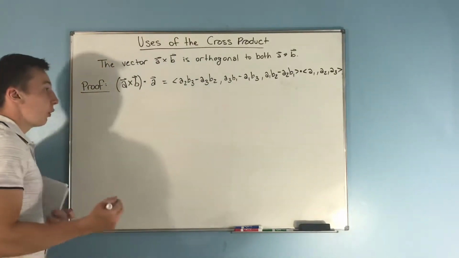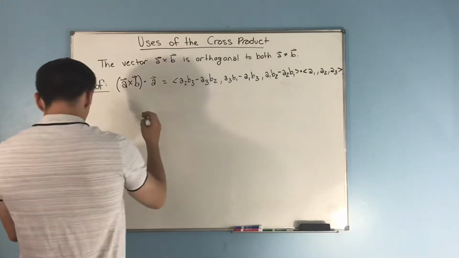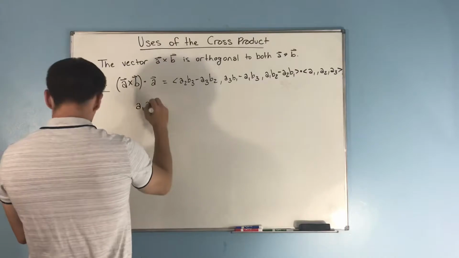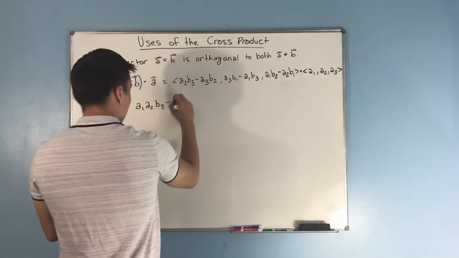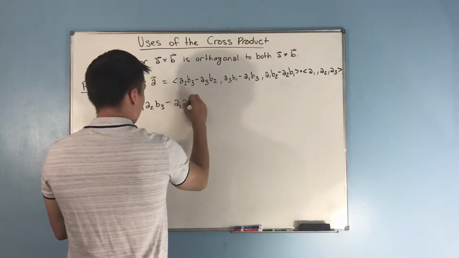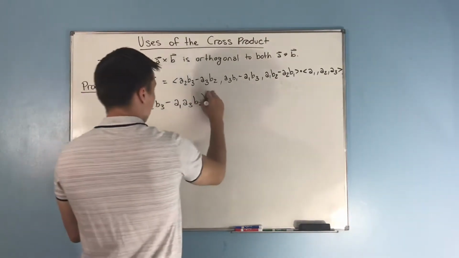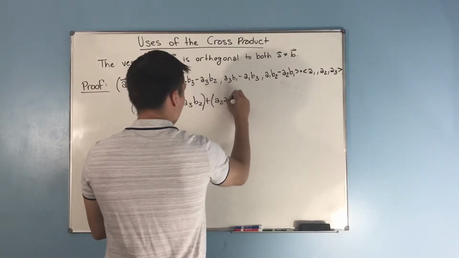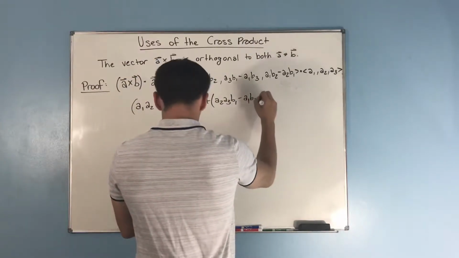When we dot these two things, we get A1A2B3 minus A1A3B2, plus A2A3B1 minus A1A2B3.